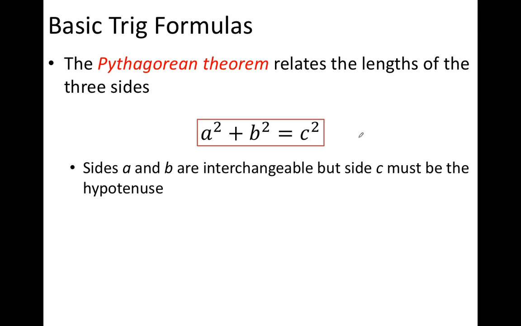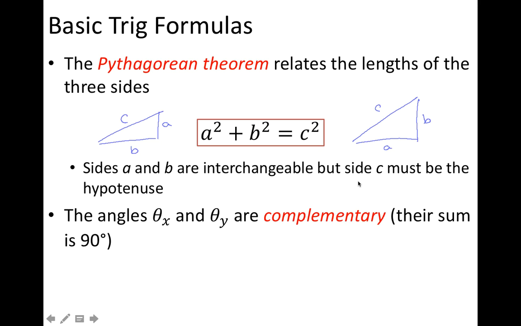So if we have a triangle, we can call this side C, and we can call these sides A and B, or if this is the same triangle, this side is C, and we could flip-flop A and B. It doesn't matter which side is A and B as long as the hypotenuse is side C.